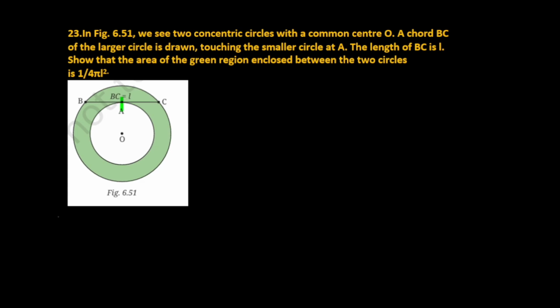The length of BC is L, so that the area of the green region enclosed between the 2 circles is 1 by 4 pi L squared.